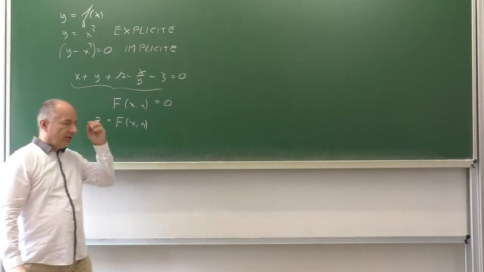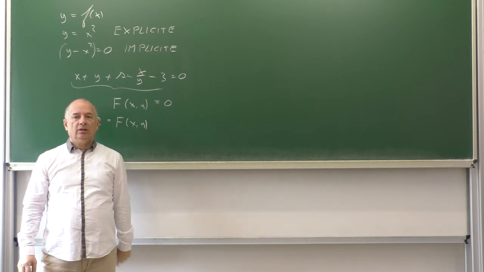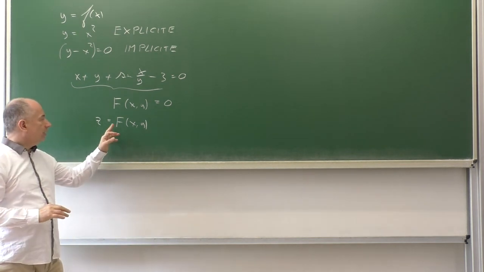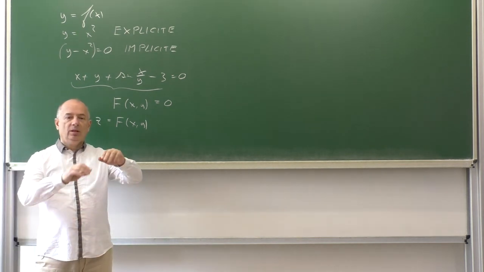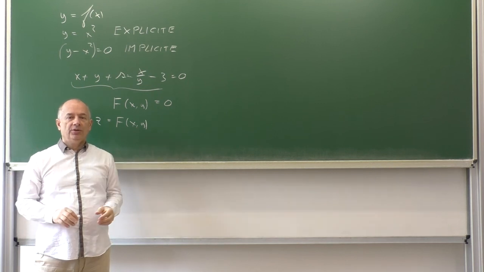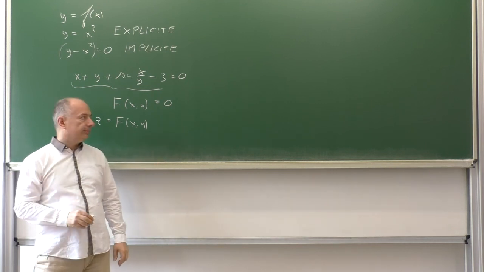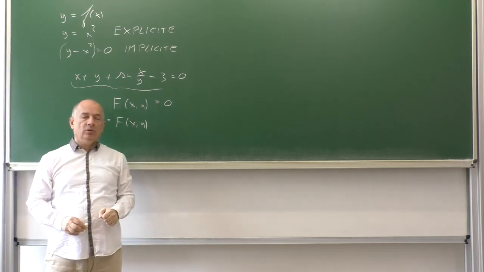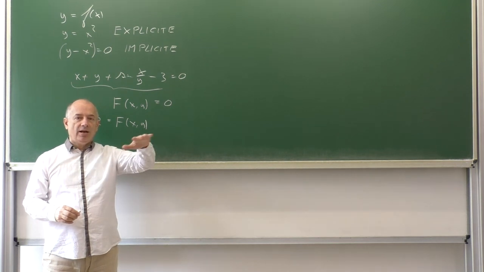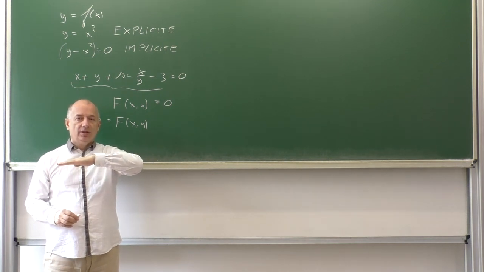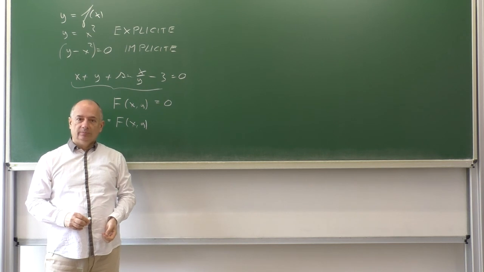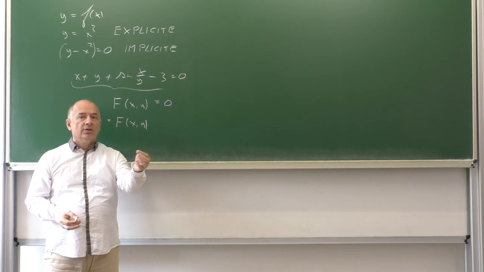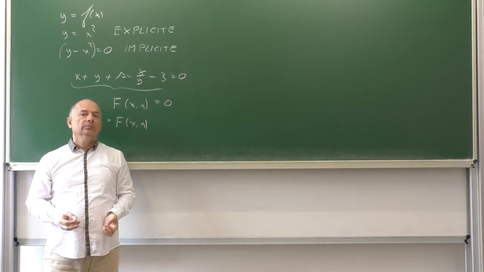If the function capital F is continuous and has continuous derivatives, we can imagine the graph of the function being a two-dimensional surface in a three-dimensional space. And then the condition that F is equal to 0 means that we take this graph of the function and we consider the cut of the xy plane. And in a typical case, this cut is actually a zero-level contour line.